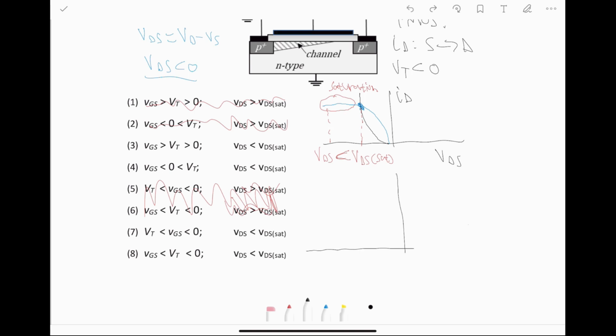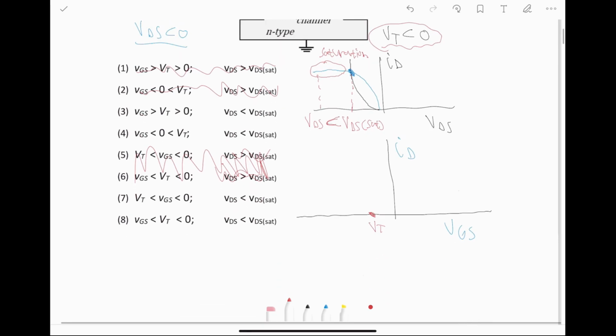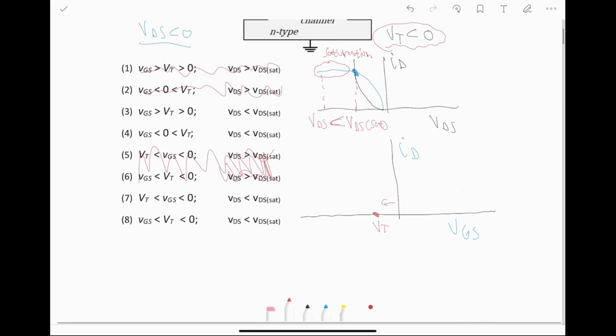So let's say VGS is here, ID is here, and we have some threshold voltage, right? And because this is a PMOSFET in enhancement mode, the threshold voltage is less than 0, which is why I'm putting it to the left of the origin at 0. And that's the shape of a VGS ID curve.